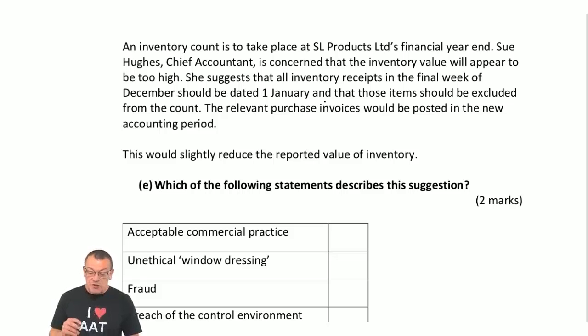She suggests that all inventory receipts in the final week of December should be dated the 1st of January and that those items should be excluded from the count. In other words, she's putting the dates just outside the remit of the stock control situation. The relevant purchase invoices would be posted in the new accounting period.